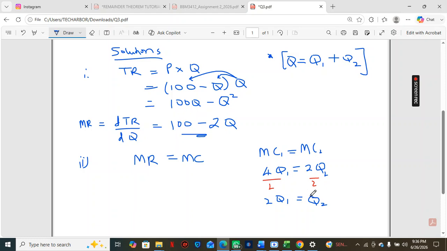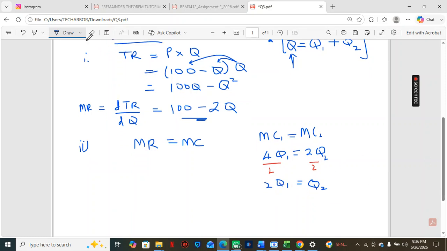So as I said, we need to express this Q here either in terms of Q1 or Q2. So it's up to you to choose. Let's express this Q in terms of Q1. So this Q2 here, we need to substitute. Remember, Q2 equals 2Q1 here. All right. So let me put this expression back here.